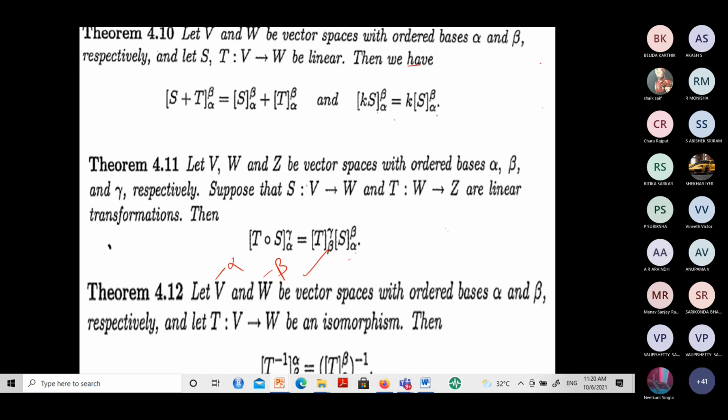Right. So in this case, since it is an isomorphism, 1, 1 onto property will be there. Whenever T is defined, T inverse will also be defined. So if I want T inverse, the matrix for T inverse will be here beta, here alpha. It will be from beta to alpha. So T inverse beta to alpha is nothing but find T alpha to beta and find the inverse of that matrix.